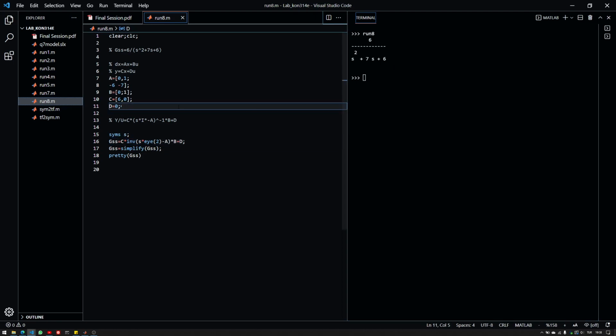Now, using this expression here, we can always get the transfer function, and we will always get just this transfer function, nothing else. But if we use this transfer function and we want to get a state space model, there are infinitely many possibilities for state space models.